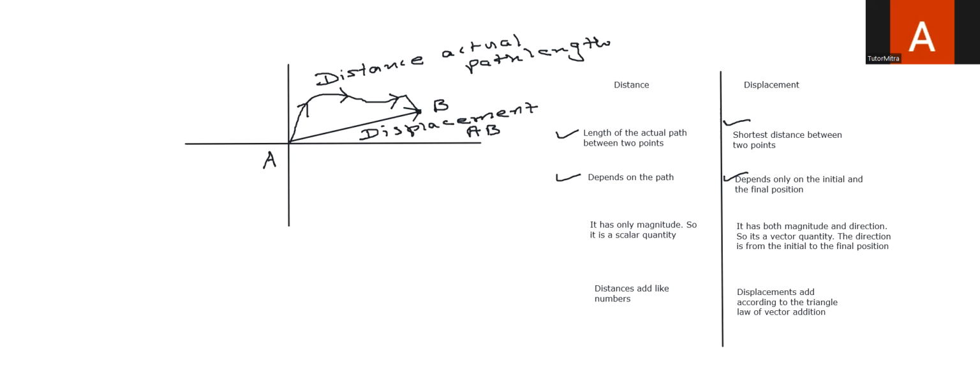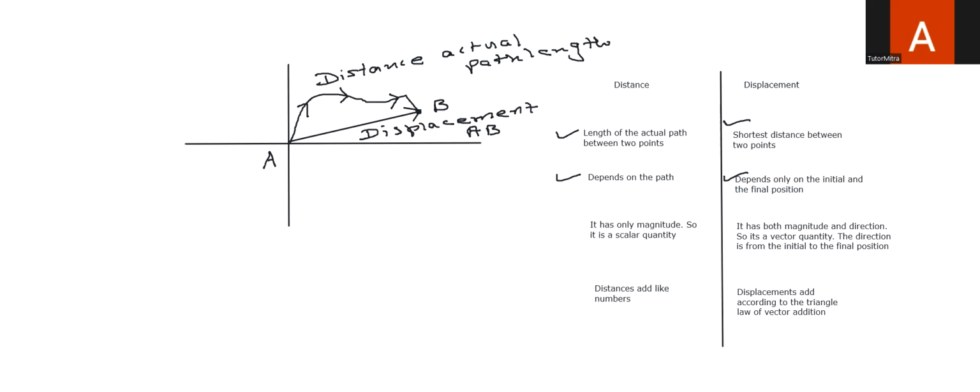Distance has only magnitude, so it is a scalar quantity, but displacement, as is clear from the diagram, has magnitude as well as direction. Magnitude is the length of the straight line joining the initial and the final position, and direction is from the initial to the final position.